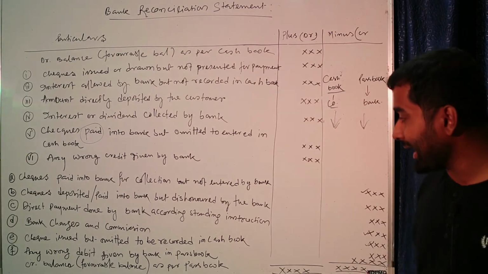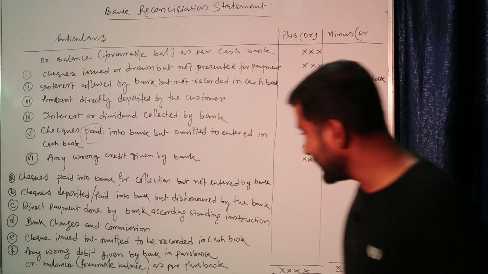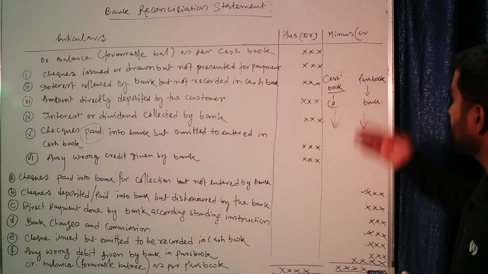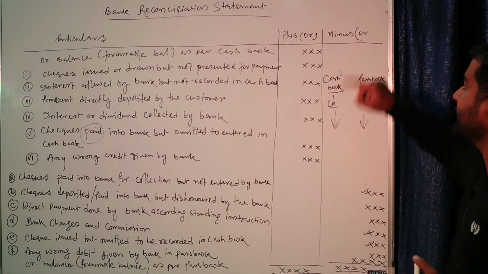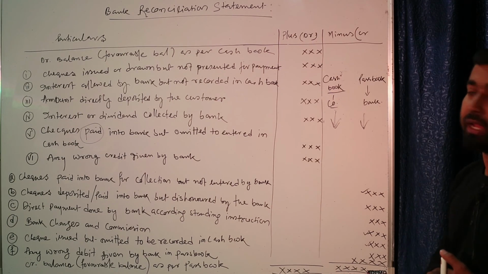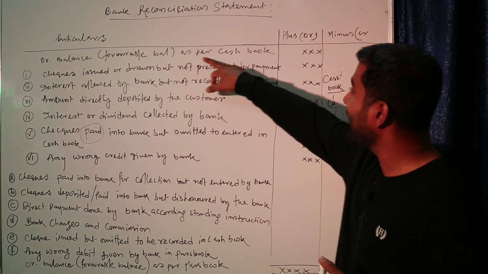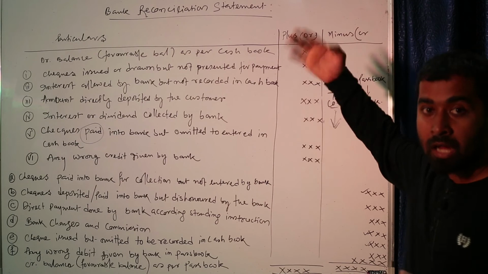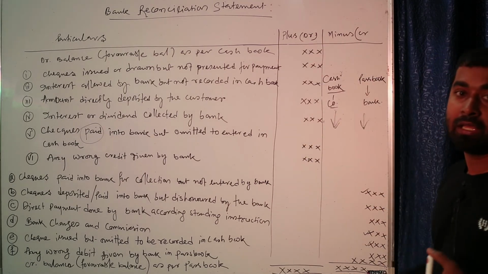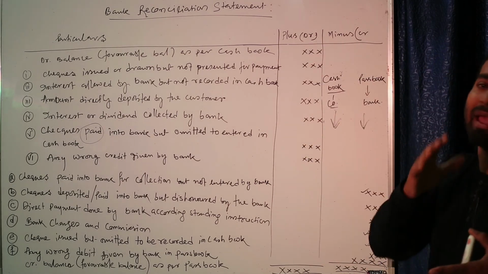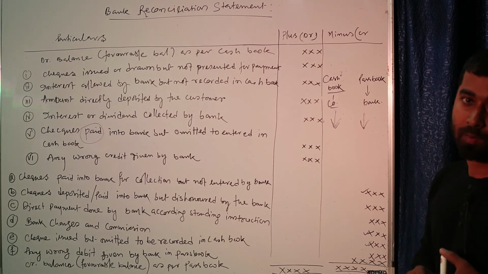I think all are done. Yes, now as per the balance, debit side and credit side, that is the plus side and minus side, we already started with the balance as per the cash book. Now after doing the tally, the balance that comes is the balance as per the passbook. Remember that.